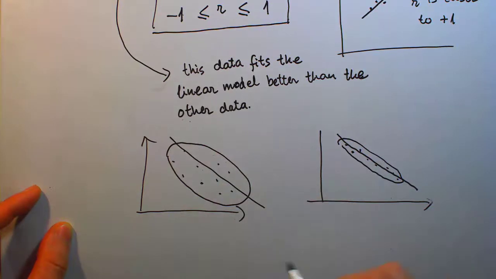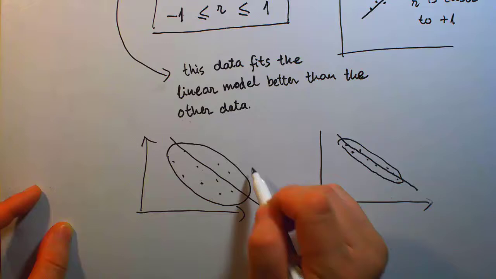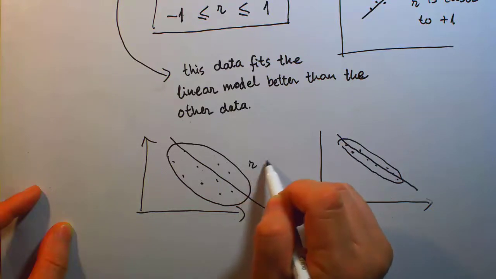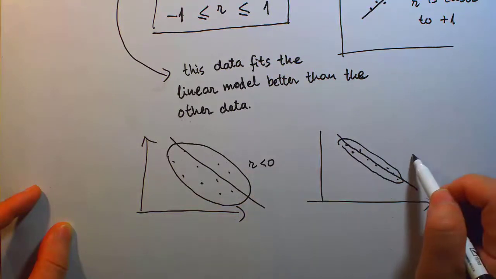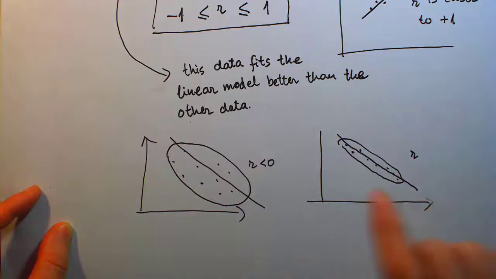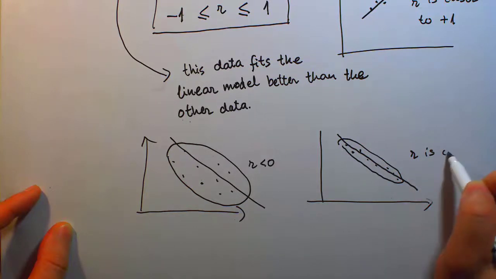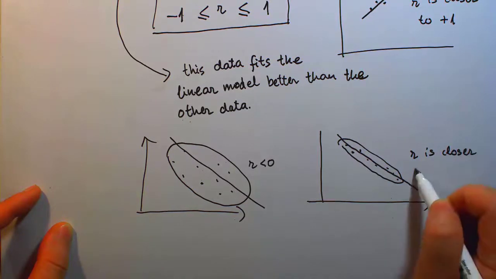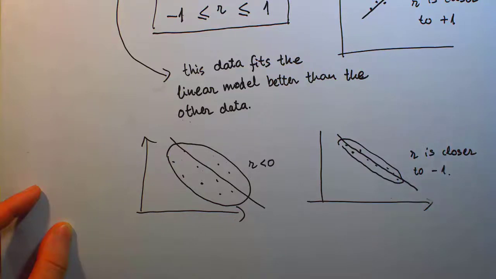We already learned that this is when R is negative, but furthermore in a case like this, R is closer to -1.